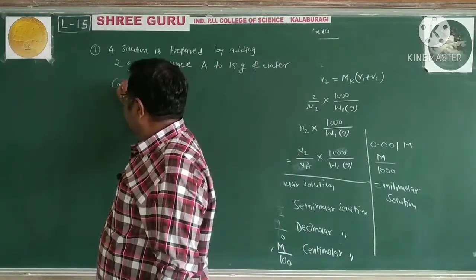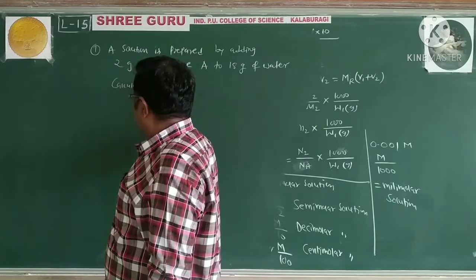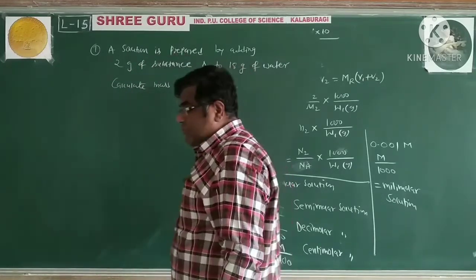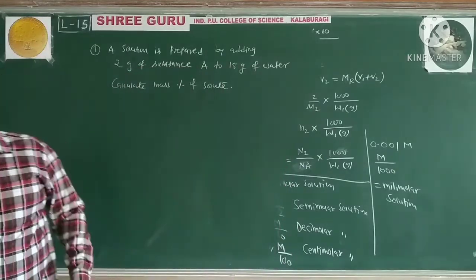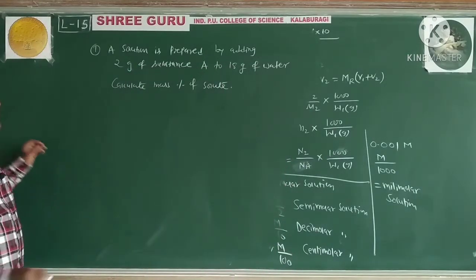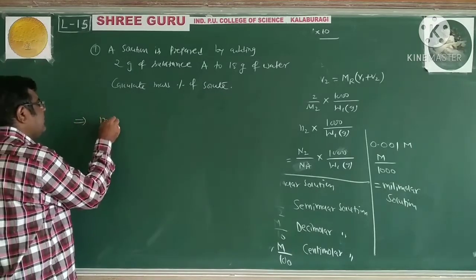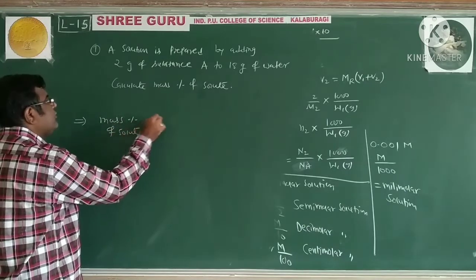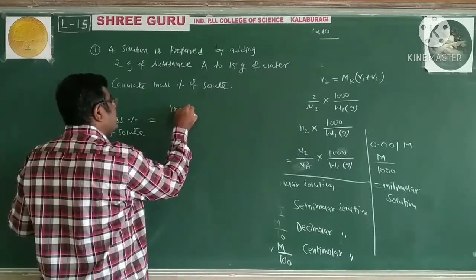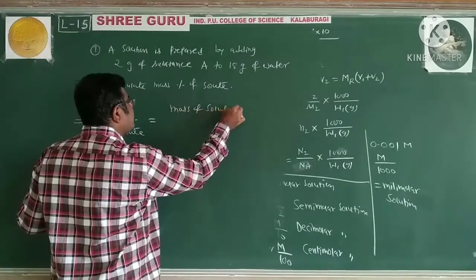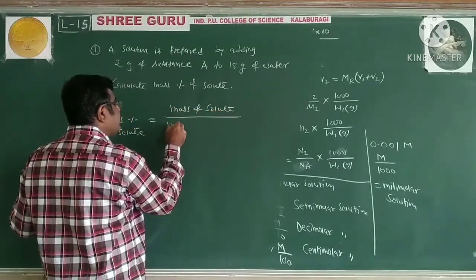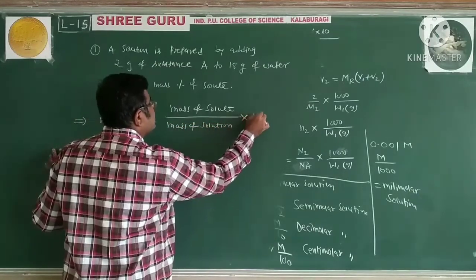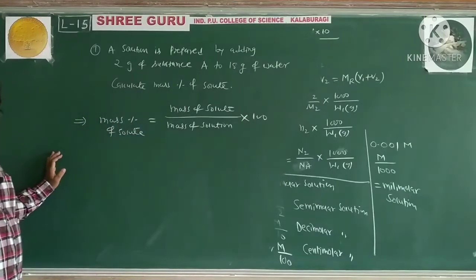Calculate the mass percent of solute. So you can write the formula: mass percent of solute is equal to mass of solute divided by mass of solution into 100.